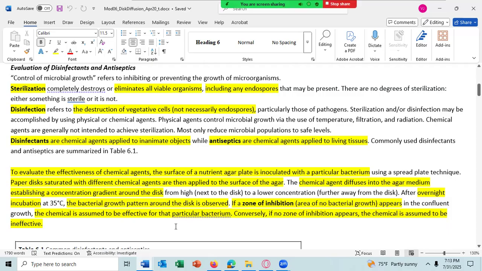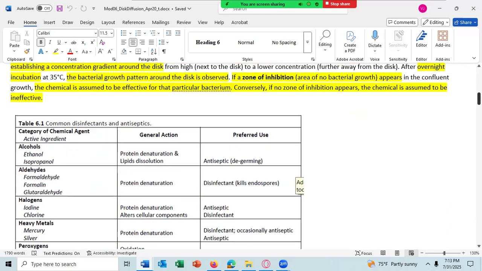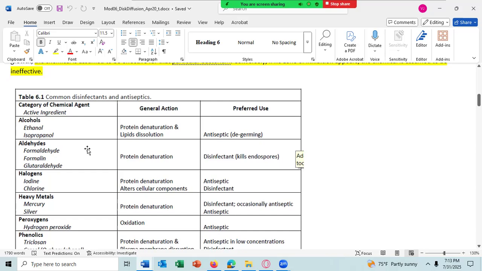Now, this is the effectiveness of the agent. This is not the sensitivity or resistance of the bacteria to the agent. Here we have different agents that can be used. Alcohols are generally used as an antiseptic, but realize that alcohol is a very weak antiseptic, so we usually call them a degerming agent.